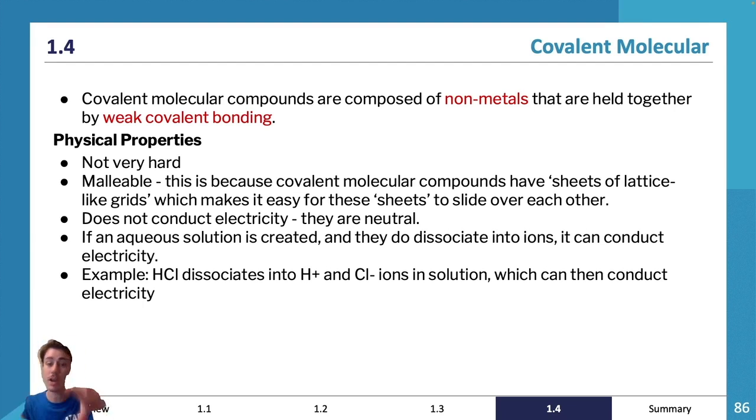It's not as brittle as an ionic substance. An ionic substance is super brittle. They do not conduct electricity because they are all neutral. If an aqueous solution is created, they do not dissociate into ions, so again, they cannot conduct electricity ever. So what we're trying to say here is that HCl is an example.